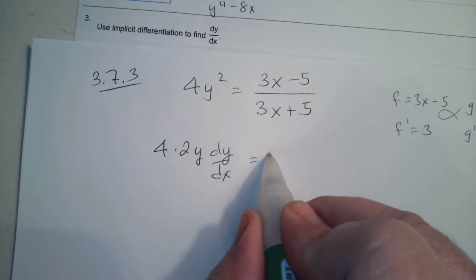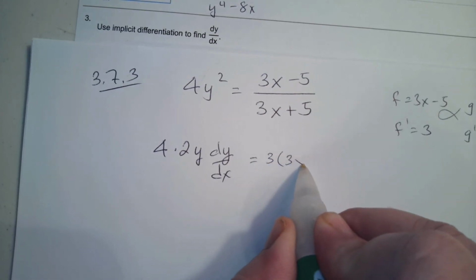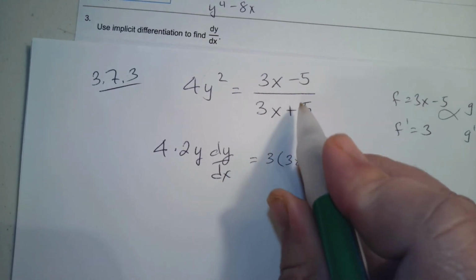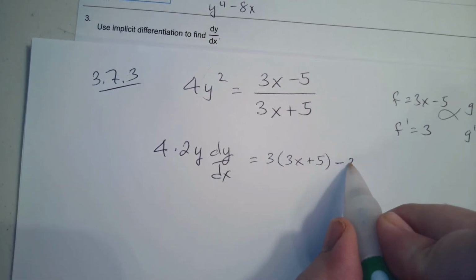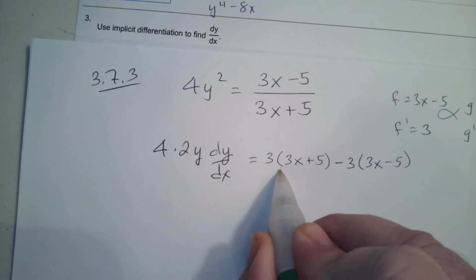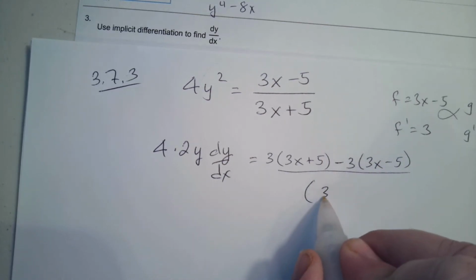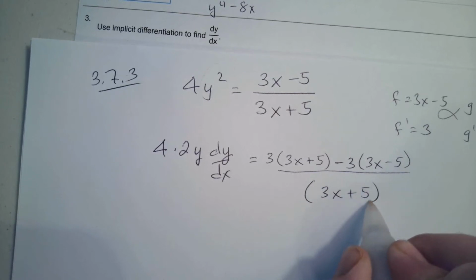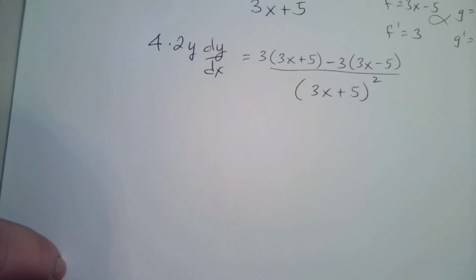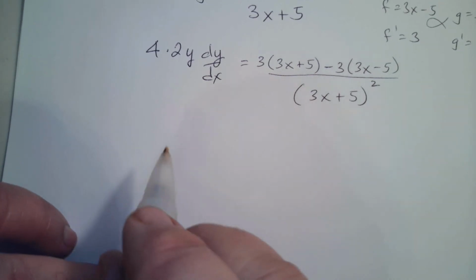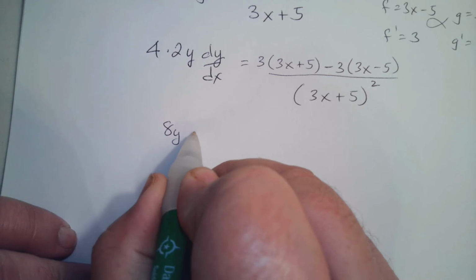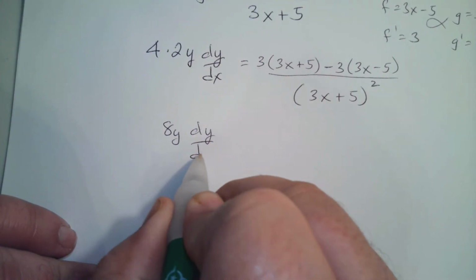So it's 3 times 3x plus 5. Since it's division, I subtract 3x minus 5 all over 3x plus 5. Remember, the bottom number is always squared. Four times 2 is 8 dy dx.